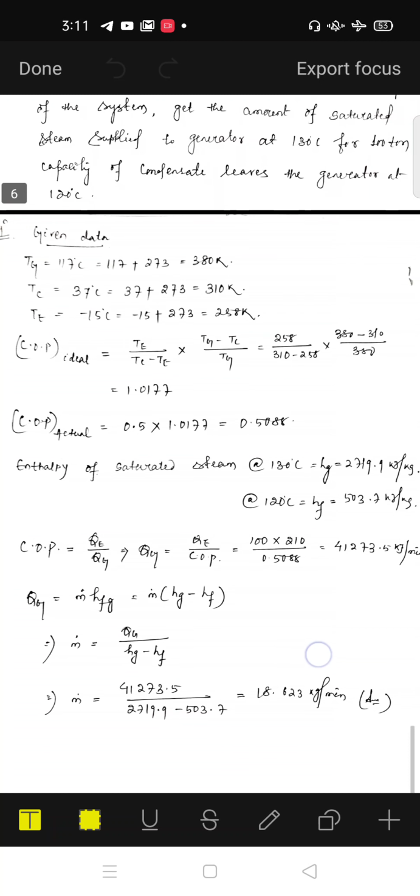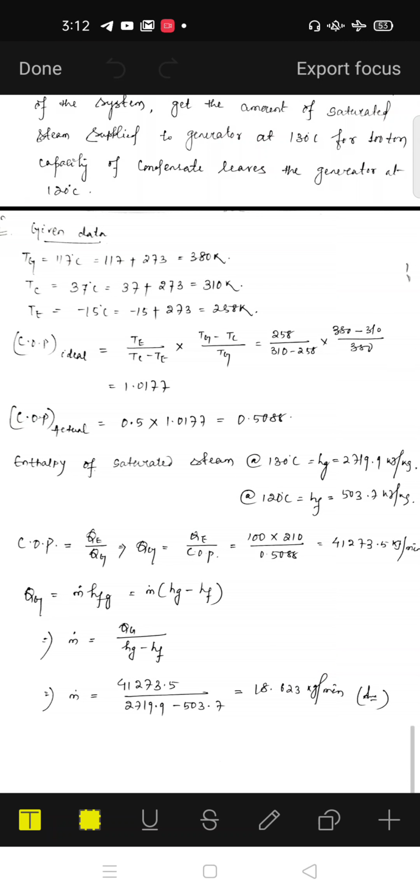Now what to do? Take the temperature of 130 degrees centigrade, from the steam table find the value of Hg, that is 2719.9, and similarly take the temperature of 120 degrees centigrade and find the value of Hf, that is 503.7. So you know COP will be QE by QG, so QG will be QE by COP, and QE means it is given 100 ton capacity, the evaporation capacity of the refrigerator.